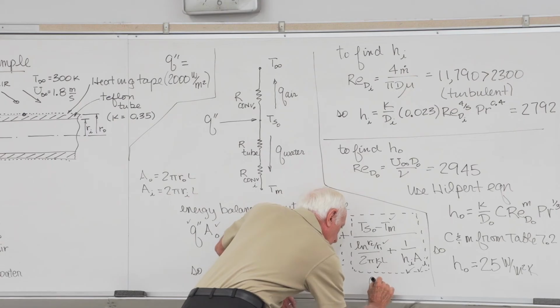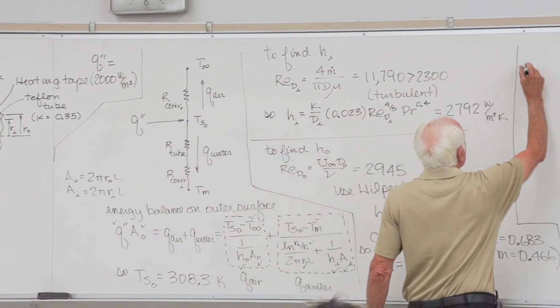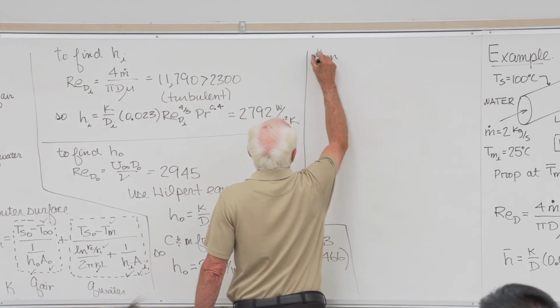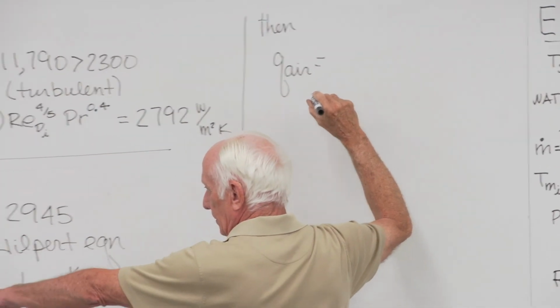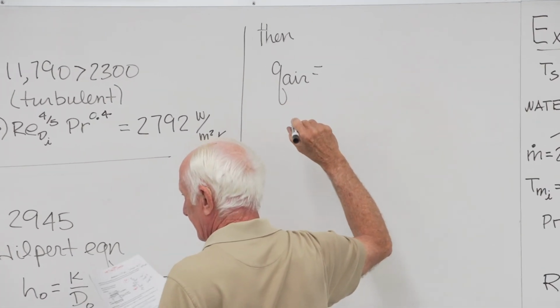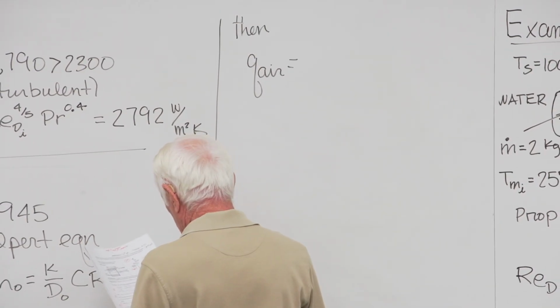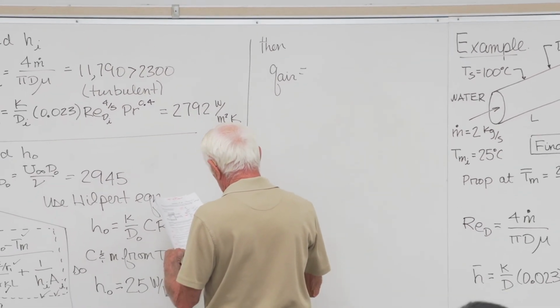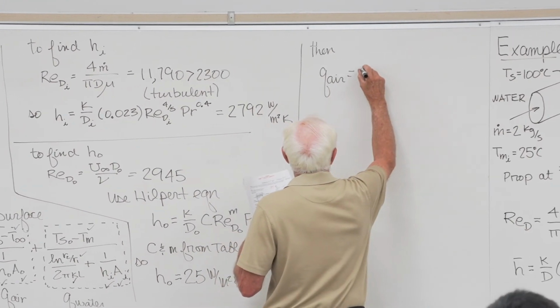That's q water. q air, Ts outside minus T infinity. We've got all those guys. That comes out to be 207.5 watts per square meter.